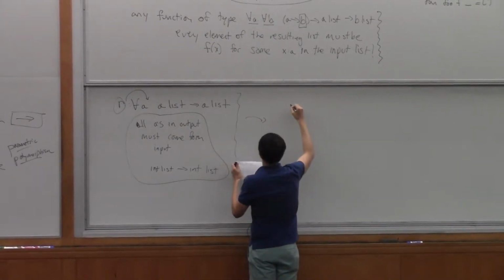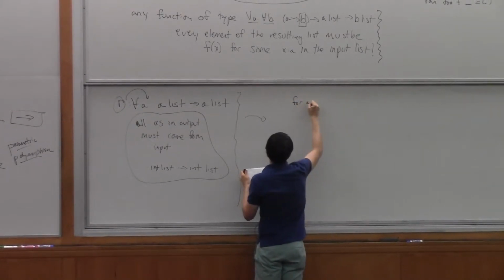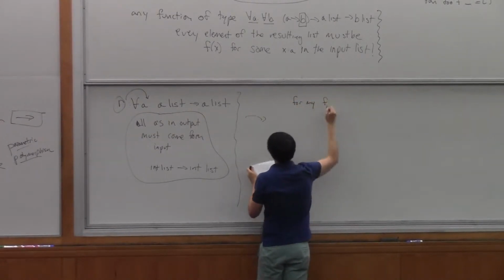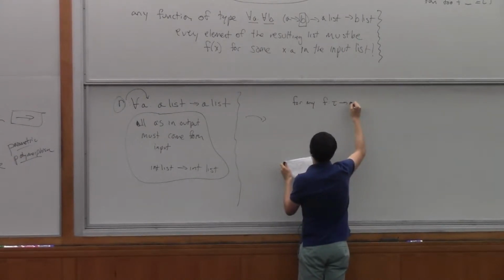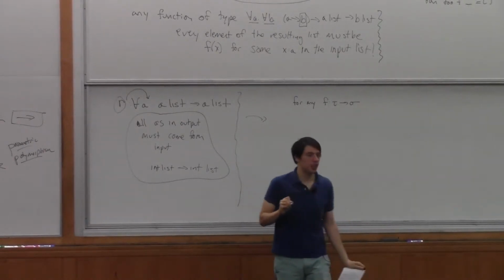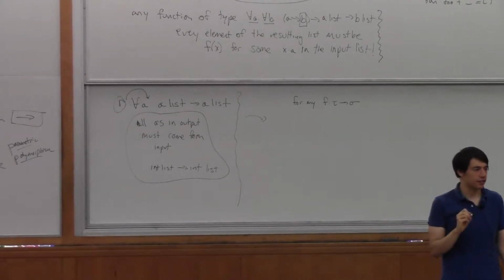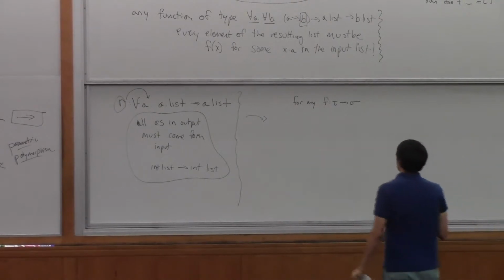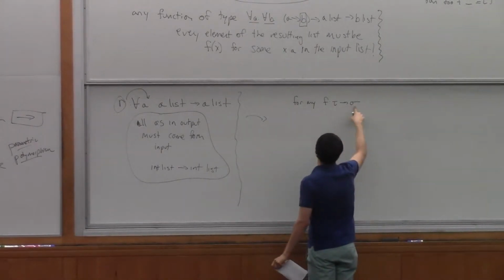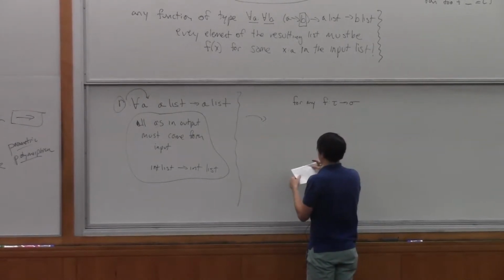What we can prove is that for any f, which takes tau to sigma, some relationship about R and map and f. Okay? So suppose I have a function f that takes taus to sigmas. Then here are a couple of different things I can do.